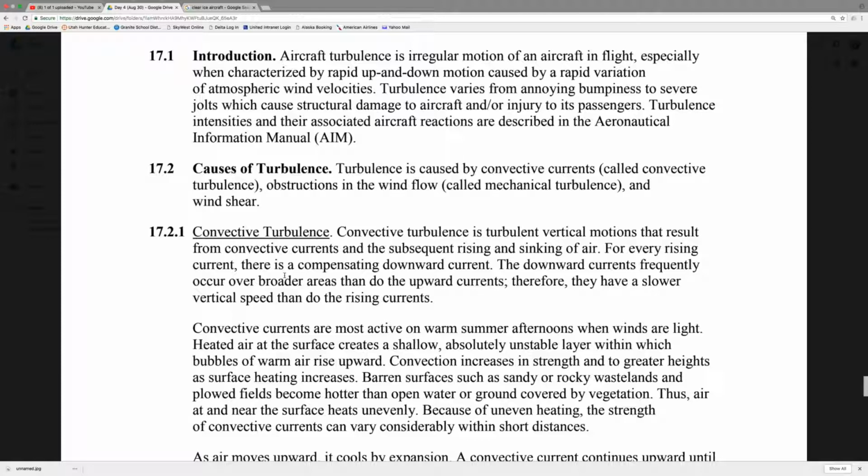It's when there's a mountain or... You're talking about ground effect? No. Ground effect isn't turbulence related. It's like structural turbulence or something like that. I can't remember the actual name of it. Oh my gosh.